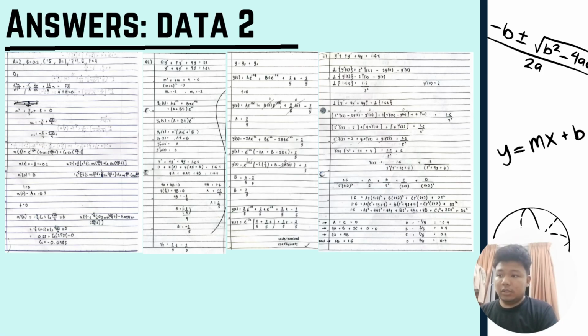x0 is equal to negative 0.2, and then x prime will equal 0.